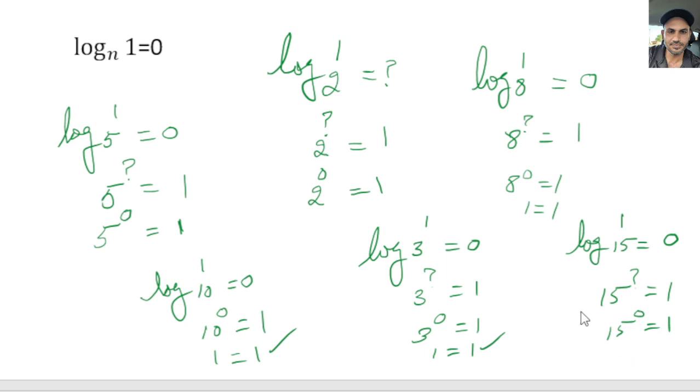Any number raised to the 0th power is going to be 1. We don't include 0 in that. You cannot do 0 to the 0 equals 1. So this is what we have for this particular property. If we're taking the log of 1 with any base, it's always going to be 0. So very important property to remember.